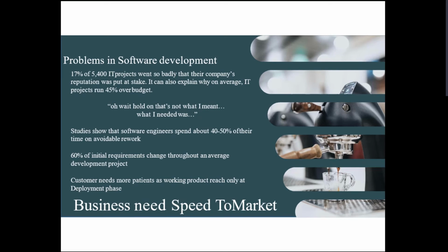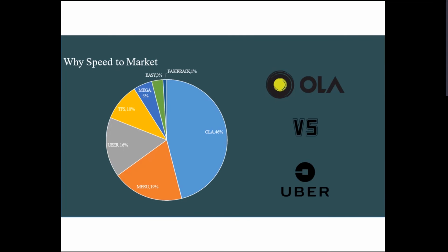A typical example is Ola versus Uber. You know that Uber is an international player, with operations across the globe, like the US, UK, Singapore, and so on. But Ola is an India-based company, and they captured the majority of the Indian market because they came to the market first.